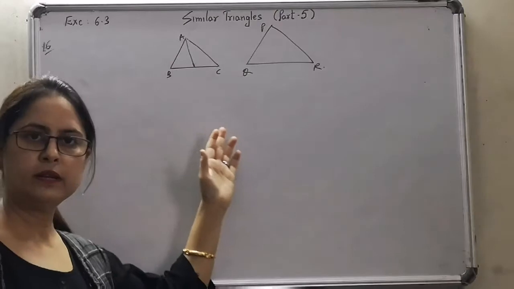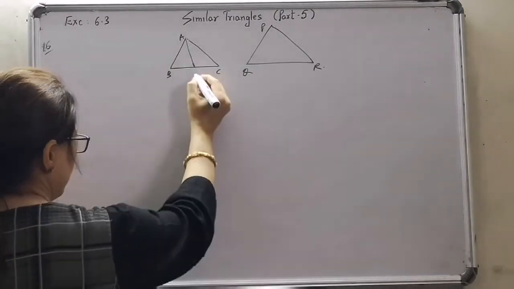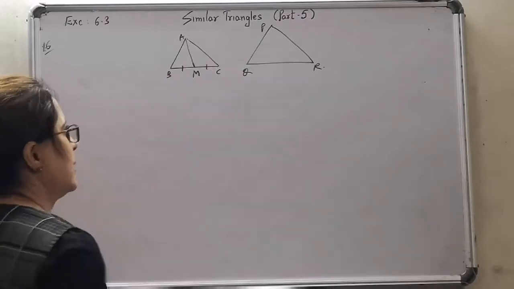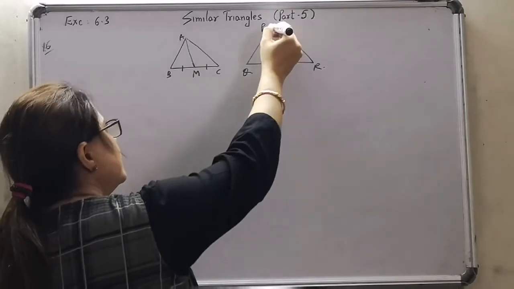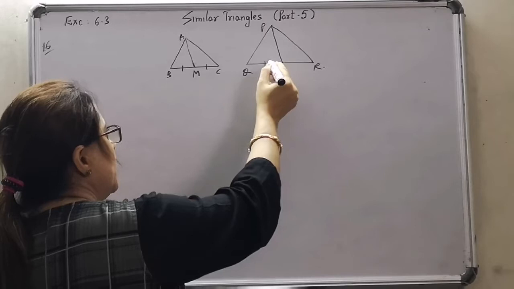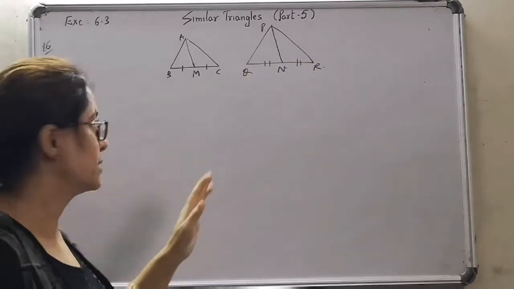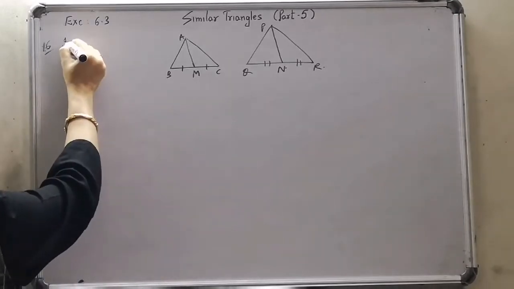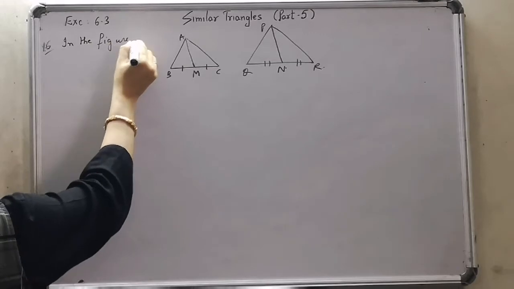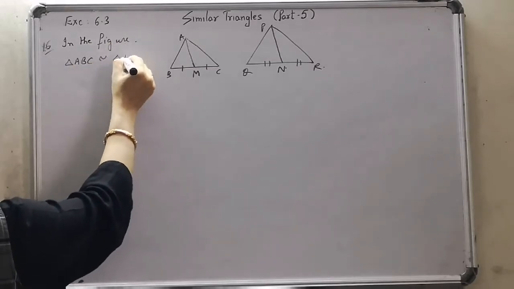By definition of median, median is a line segment joining the vertex to the midpoint of opposite sides. So if AM is the median, it means BM is equal to CM. Similarly, PN is the median on QR. It means QN is equal to NR. So this was all given to us. I'll just mention that in the figure. We are given triangle ABC is similar to triangle PQR.